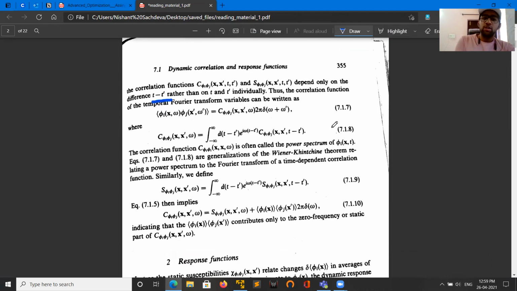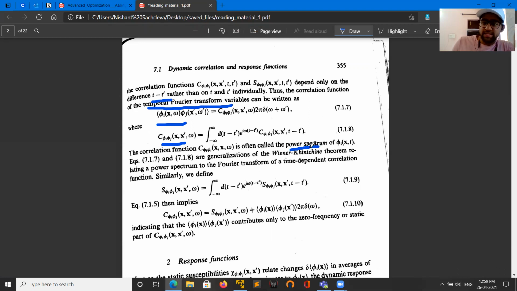The correlation functions of these temporal Fourier transform variables can then be written as these two. The correlation function that we get here, C phi i phi j of x, x and omega, we often call the power spectrum of phi i for given x and t.